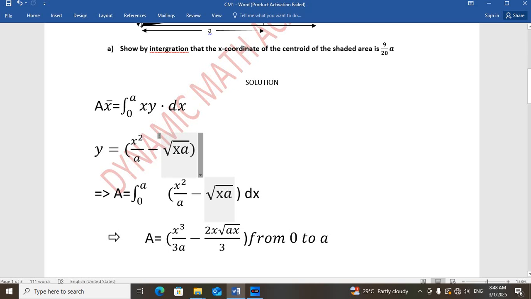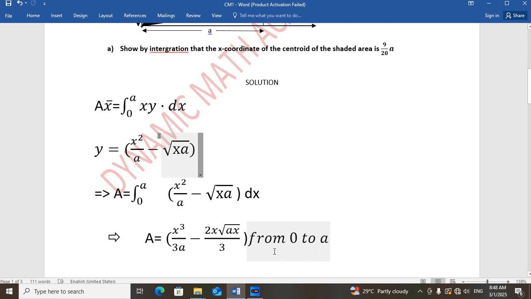So the square root of it is the same as the square root of a times x to the power half. Now when you integrate x to the power half, you're going to have x to the power half plus 1 divided by half plus 1. So x to the power 3 on 2 is the same as x times the square root of x. Now divided by 3 on 2, that means you are going to multiply by the inverse of the second fraction, and the answer will be 2 on 3, from 0 to a.